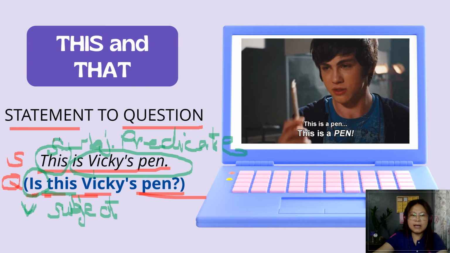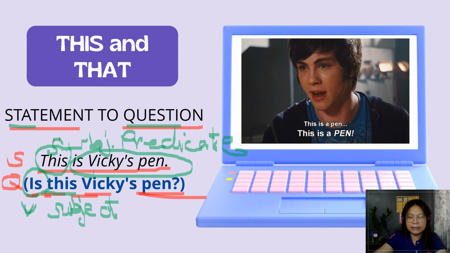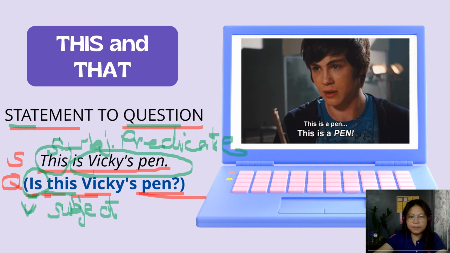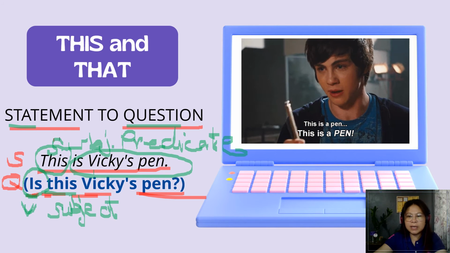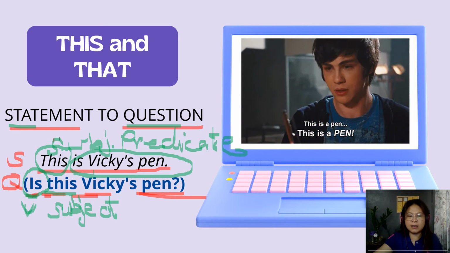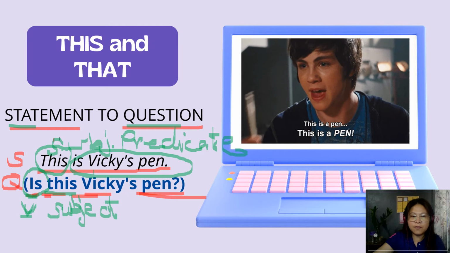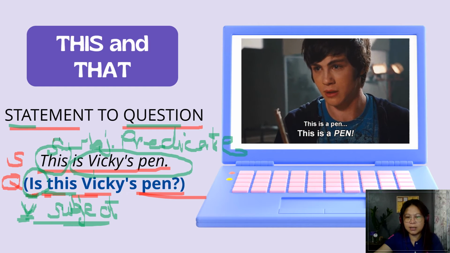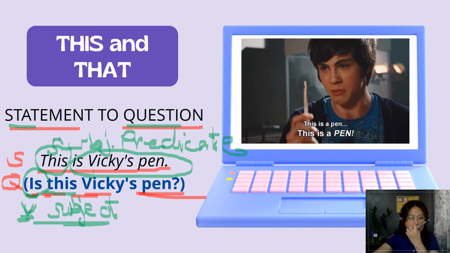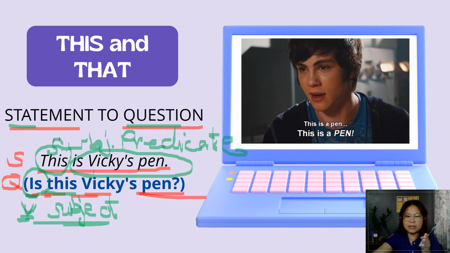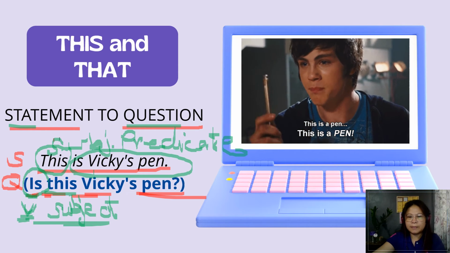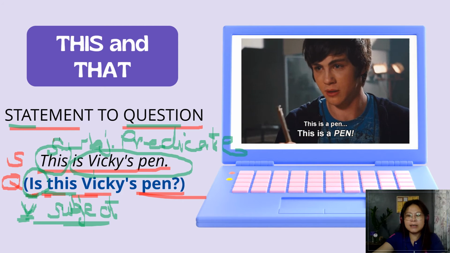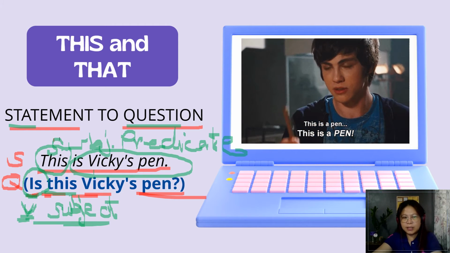So in making a statement into a question, the verb is written before the subject, or in front of the subject. So, is this Vicky's pen? The verb is written or placed before the subject.